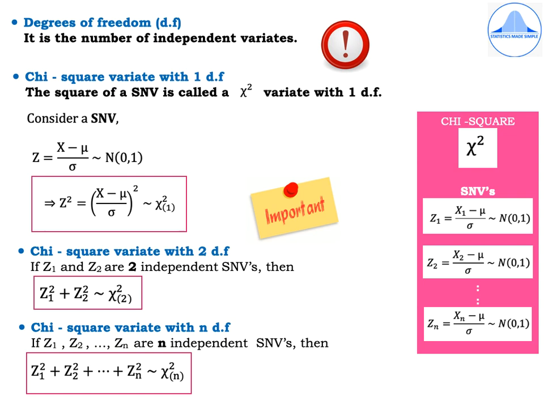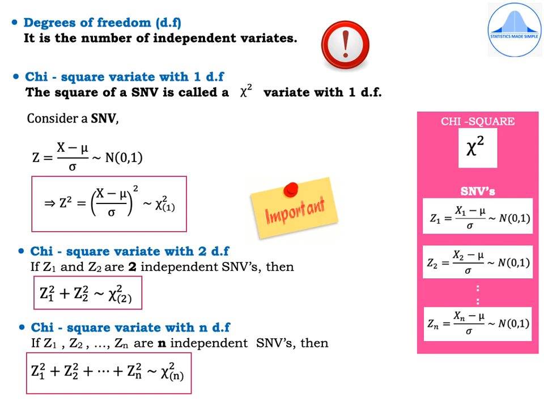Now find out what is a chi-square variate with 2 degrees of freedom. Keep in mind that degrees of freedom is the number of independent variates. So if I have Z1 and Z2 as two independent SNVs, what does that mean? Z1 will have the formula (x1 minus mu) divided by sigma, and Z2 will have the formula (x2 minus mu) divided by sigma.